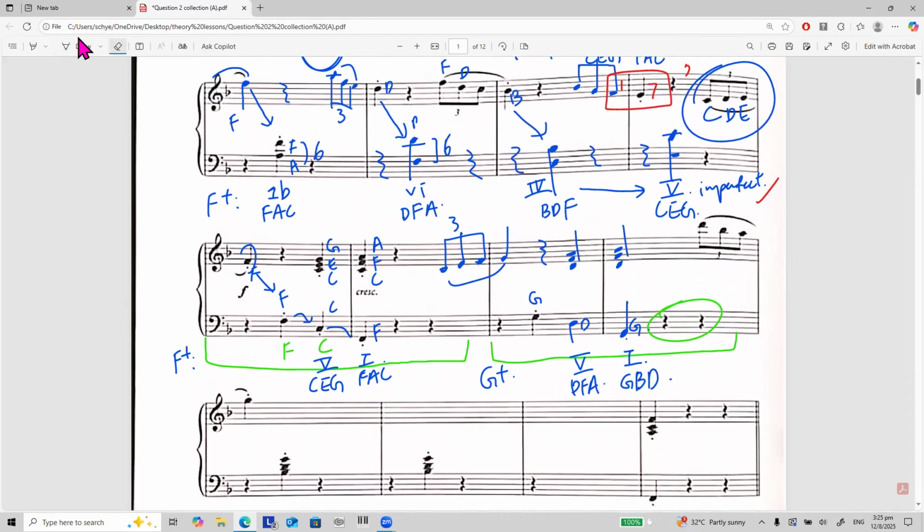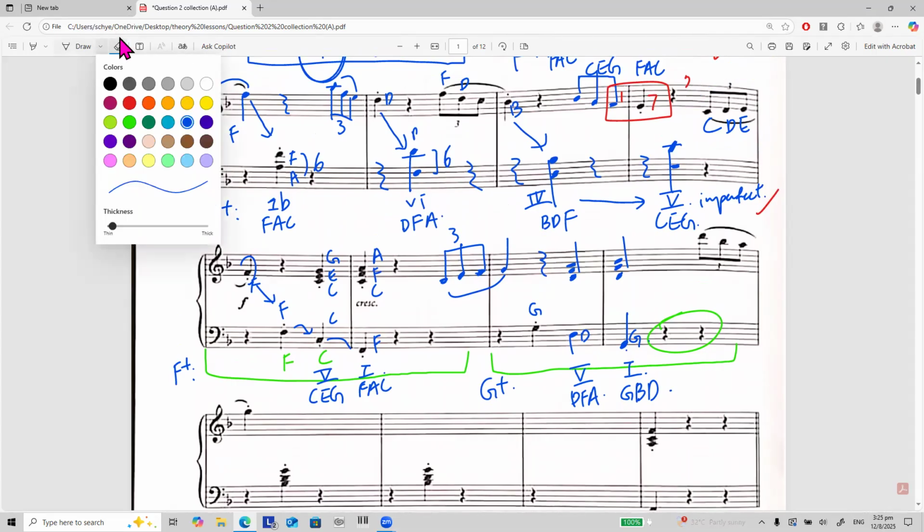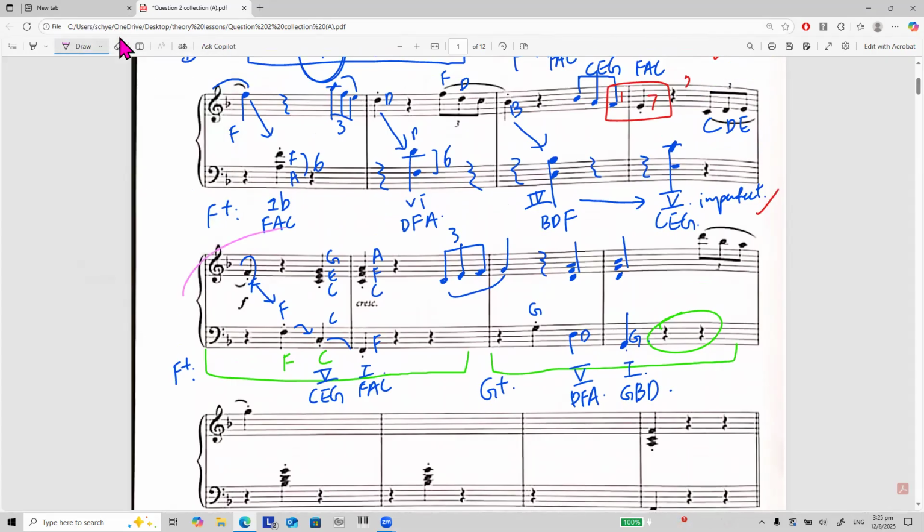By doing this, you can see that we are doing an imitation between this one and this one. Okay, they are actually the same. Two sequences. And don't forget G major needs to natural the B flat, and G major has the F sharp.